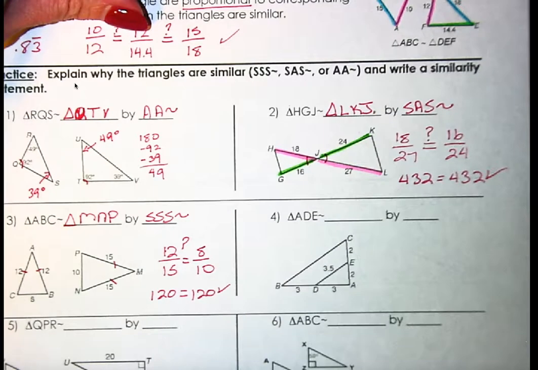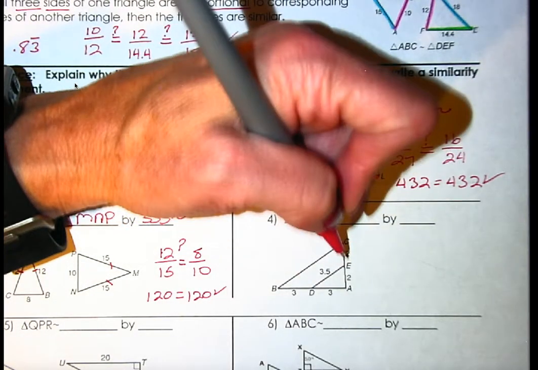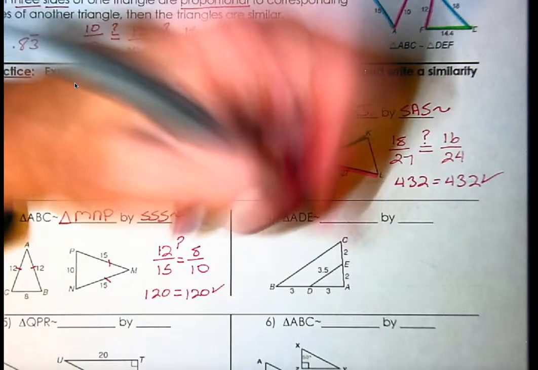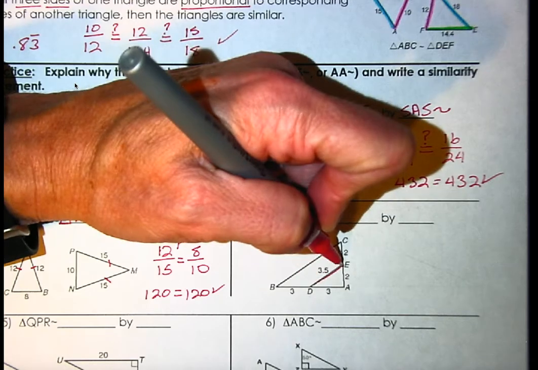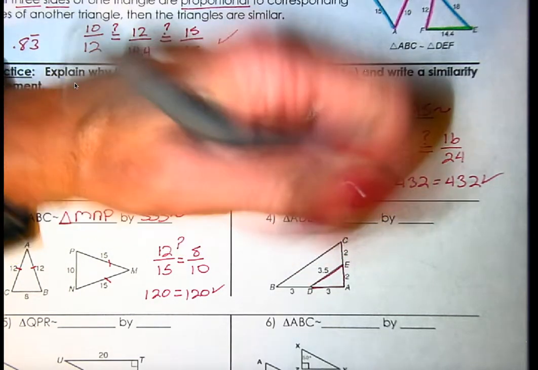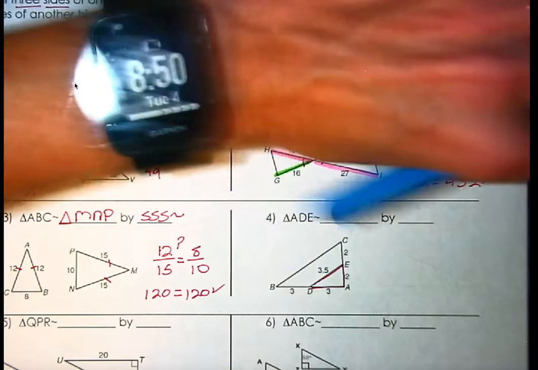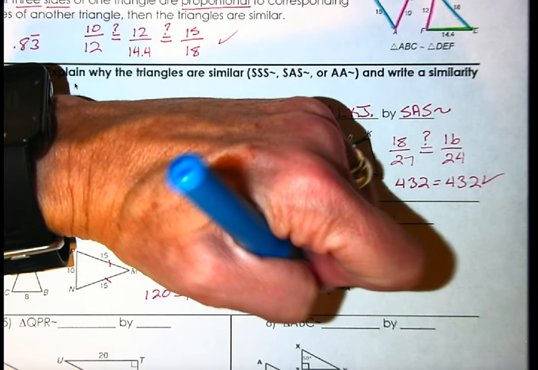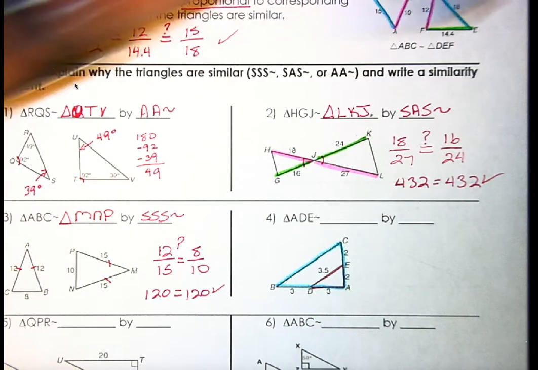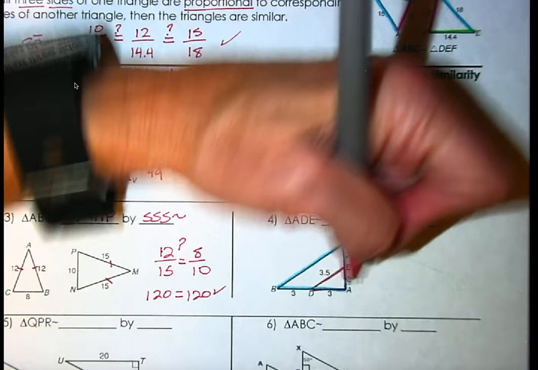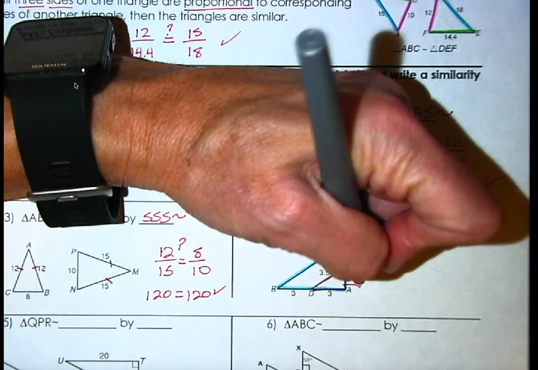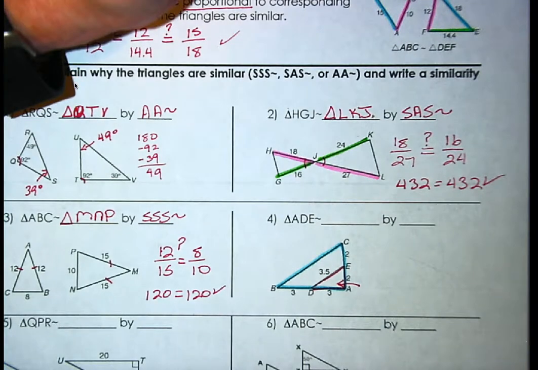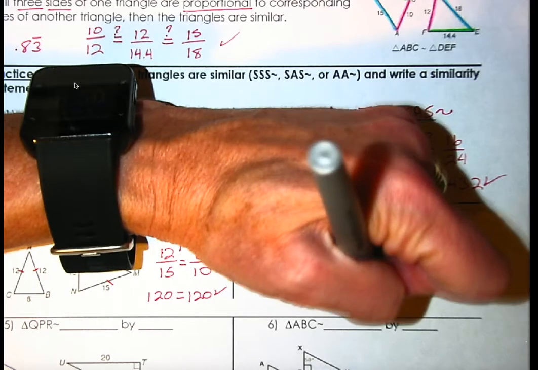Okay, number 4. Number 4, we need to figure out are our sides or our angles? Okay, so this is a little triangle that is nestled inside of a big triangle. So look at the little triangle and look at the big triangle. And if you notice, both of these triangles share vertex A. So when the two shapes share the same side or the same angle, we call that a reflexive.